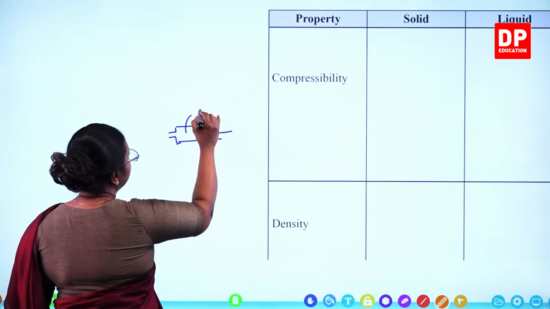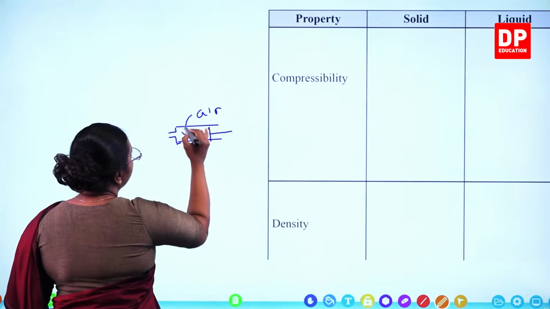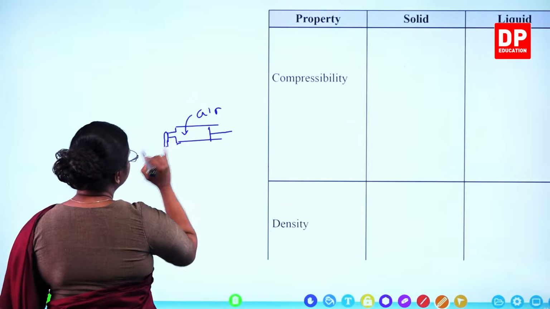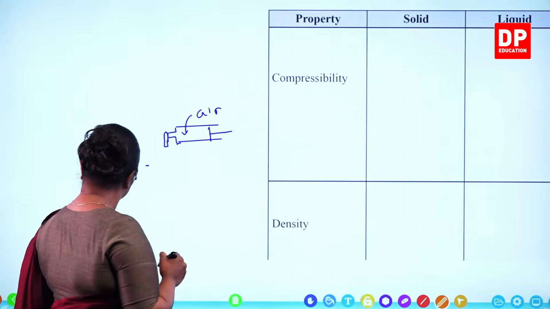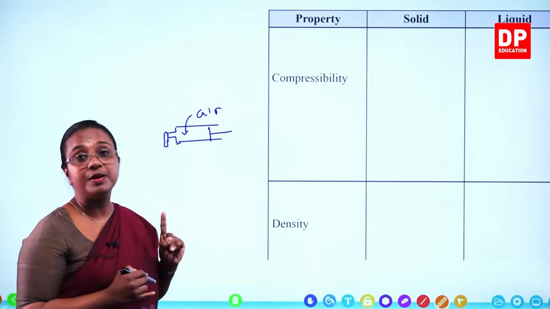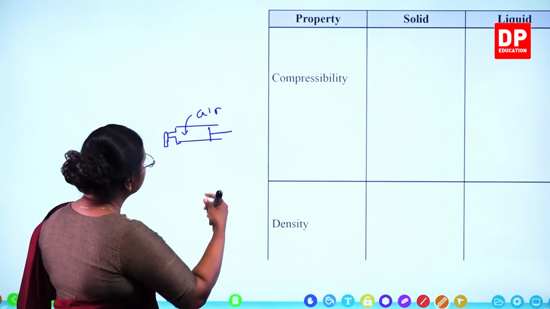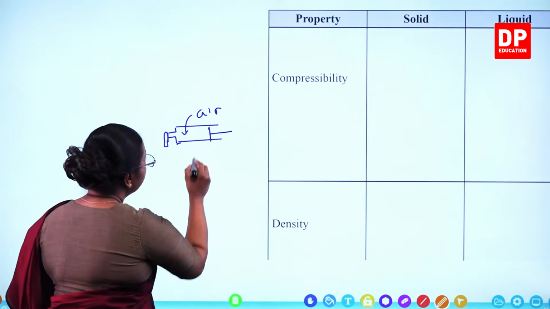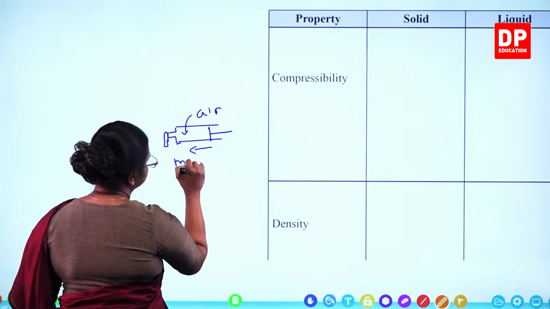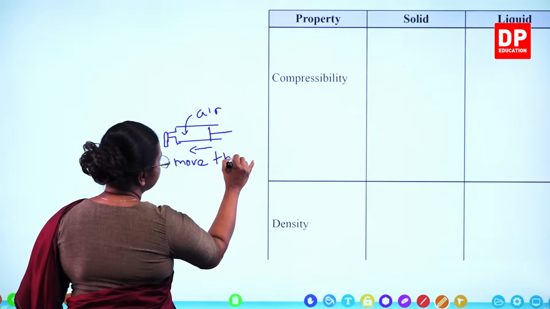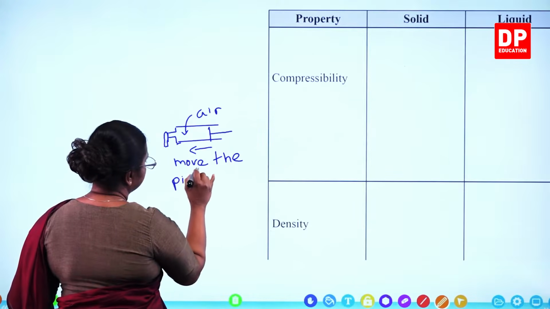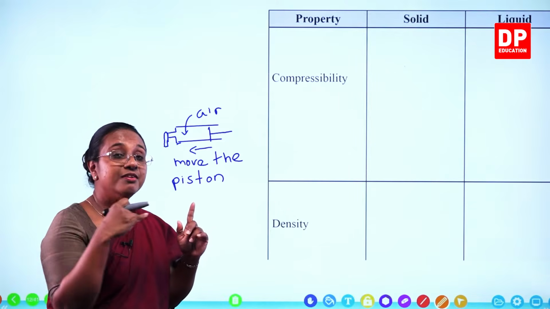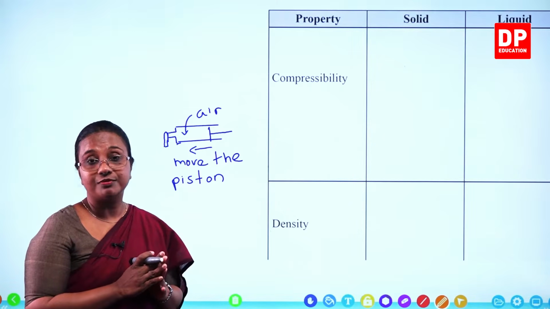So this is air. What will happen if you place your fingertip here, you just close the open part of the syringe and you try to press this piston? If you try to move the piston, what happens? The piston will move. So you can reduce the volume of the air.